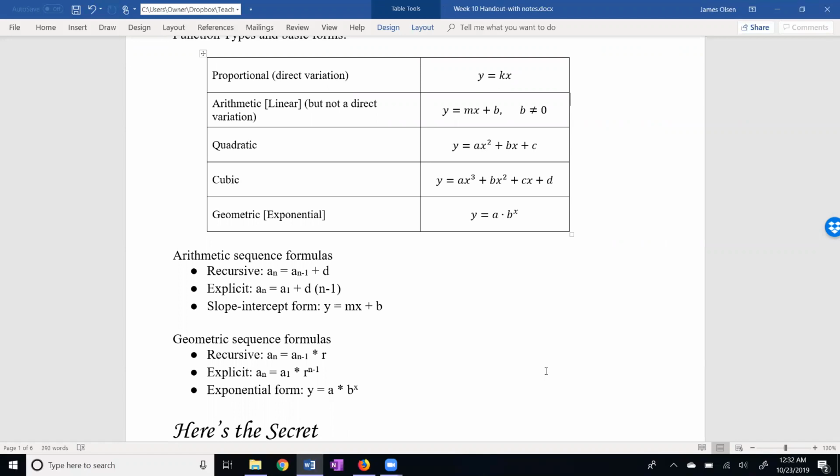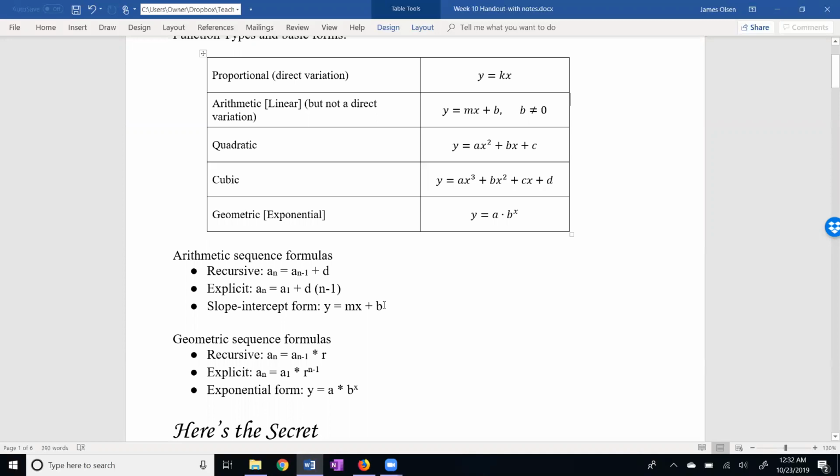The slope-intercept form for the arithmetic is y equals mx plus b. This is a close relative here. My common difference, I use d. Now the common difference is m. M is the common difference. And b is kind of like a0.